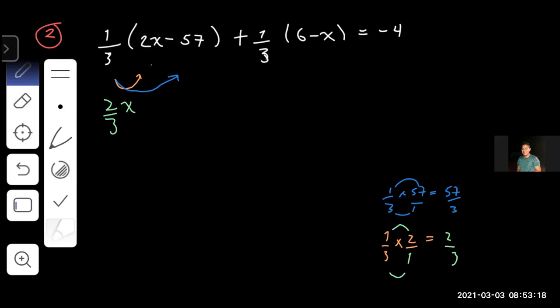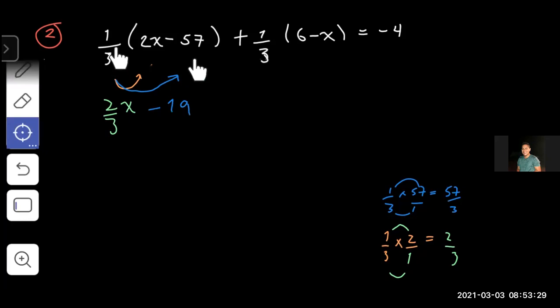I think we can. 3 times 20 is 60, minus 3 is 57, so it's 19. Without a variable, because it's just numbers. 1/3 times 57 is 19, but with the negative sign, negative 19.